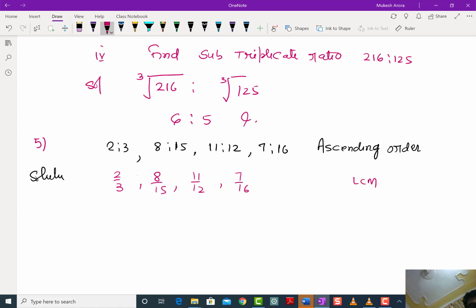We'll take the LCM of the denominators 3, 15, 12 and 16. It'll go by 3, 3, 5, 4 and 16.